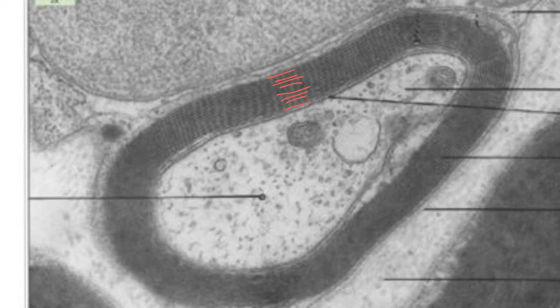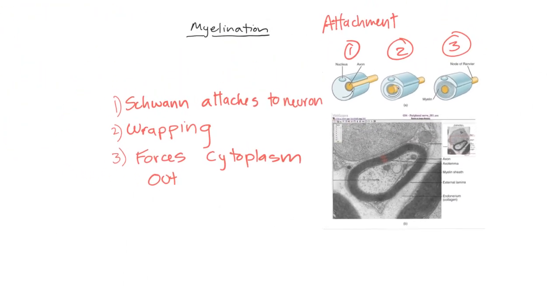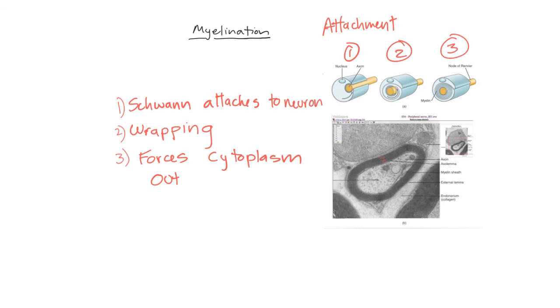The plasma membrane of the neuroglia is also called the axolemma. Oh, that's a good point. Because they aren't technically neurons, but it is a plasma membrane. I was just confused about which cytoplasm was being squished out. It's just the cytoplasm of the neuroglia. It doesn't do anything to the inside of the axon. Correct, a good clarification.